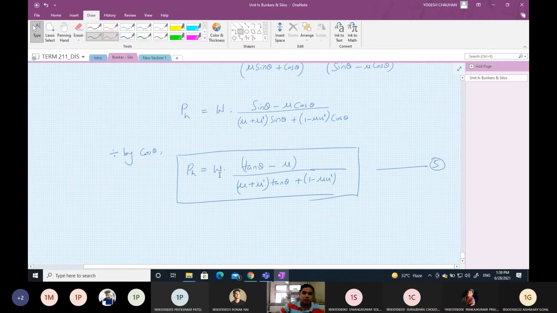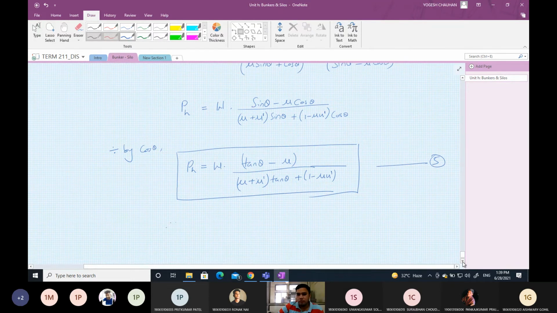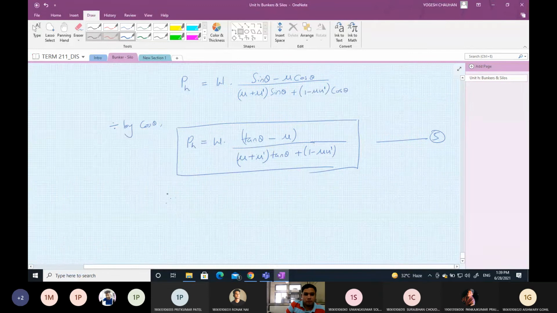Now we can substitute the value of W. Therefore pH is equal to, W is equal to 1/2 gamma H square cot theta.